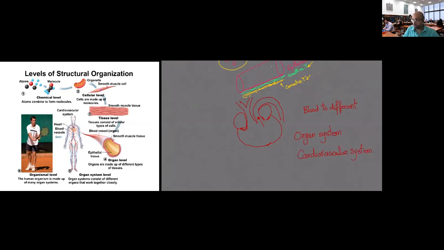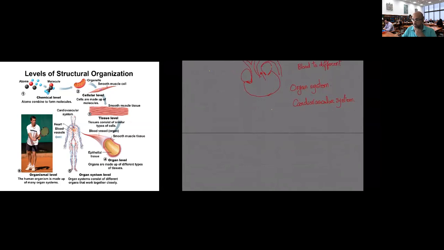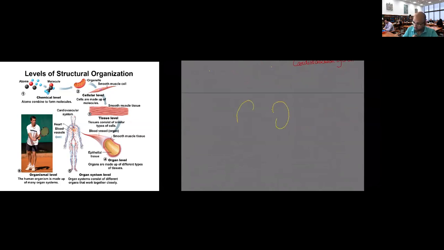Other organ systems will be like the urinary system, for example. I have kidneys, and the kidneys are going to be responsible to filter the blood and extract the toxins in the form of urine.